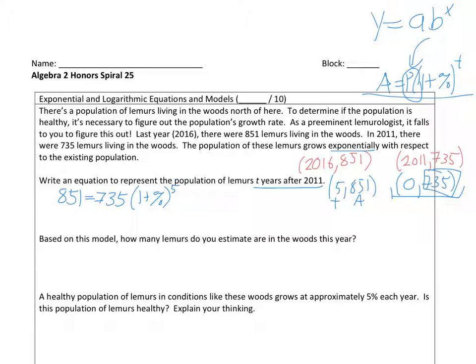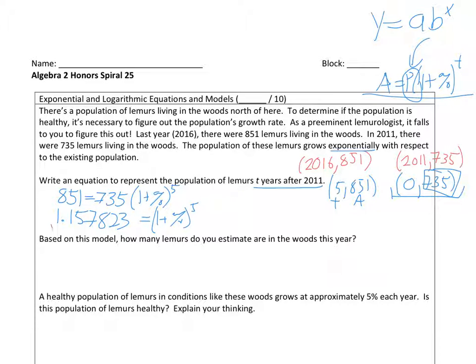I'm going to divide by 735, and if you'll bear with me, type things into Desmos again. So we got 851 divided by 735, and that's equal to 1.157823, and that's equal to 1 plus some percent to the 5th power.